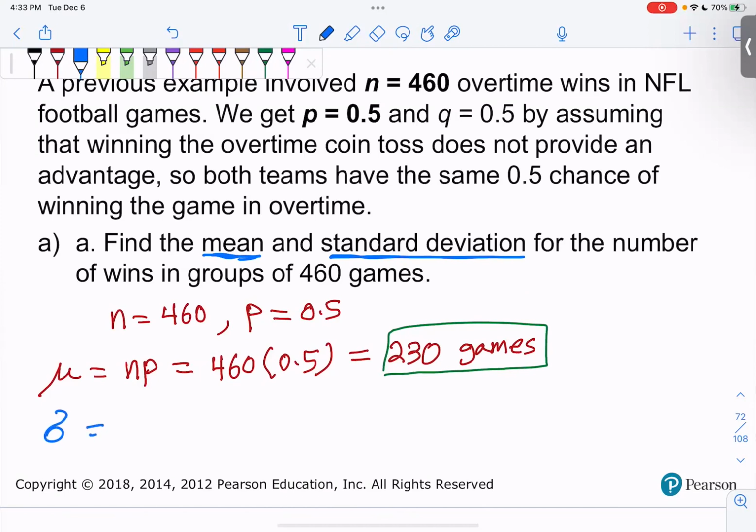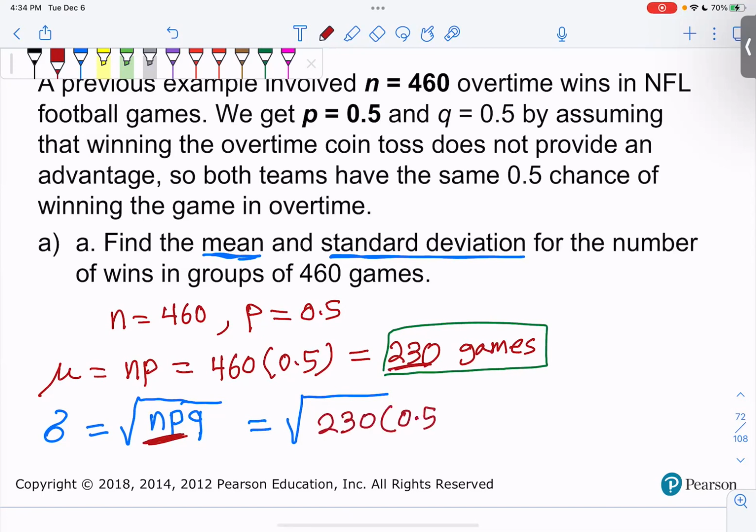And then the standard deviation. Standard deviation equals what? Square root of npq. And we already have np equal to 230. It will be 230 times q, which is 0.5.